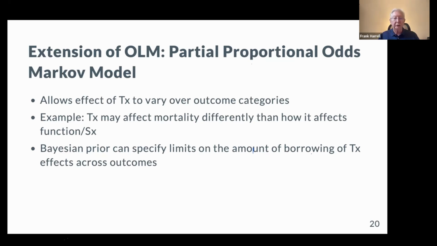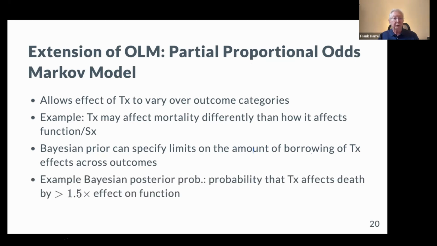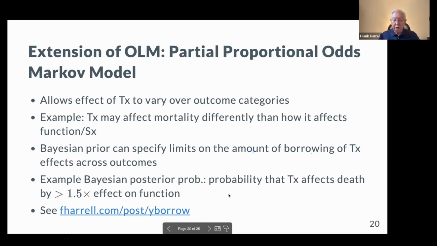So you have this very natural way to relax the assumption of the treatment having the same effect on different parts of the outcome scale. You might have a Bayesian posterior probability that the treatment affects death by more than 1.5-fold differently than it affects patients' functional status in a Bayesian analysis. So there's a blog article that goes into details about borrowing information across outcomes.